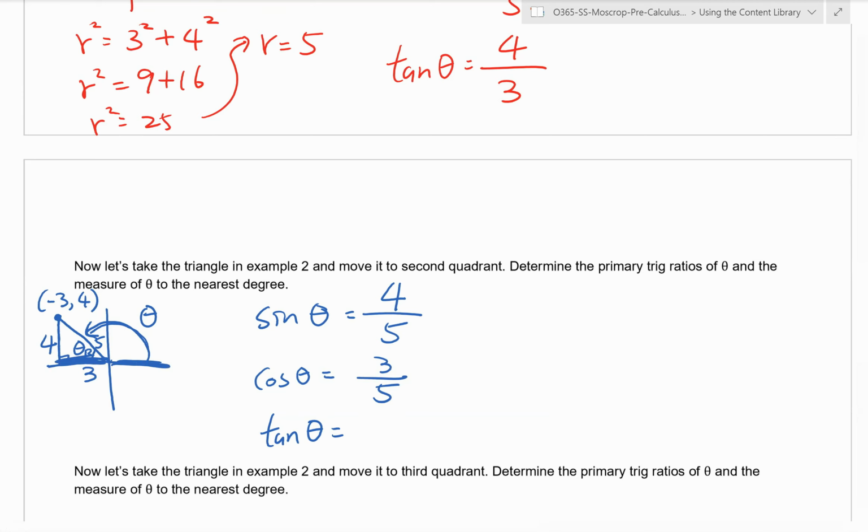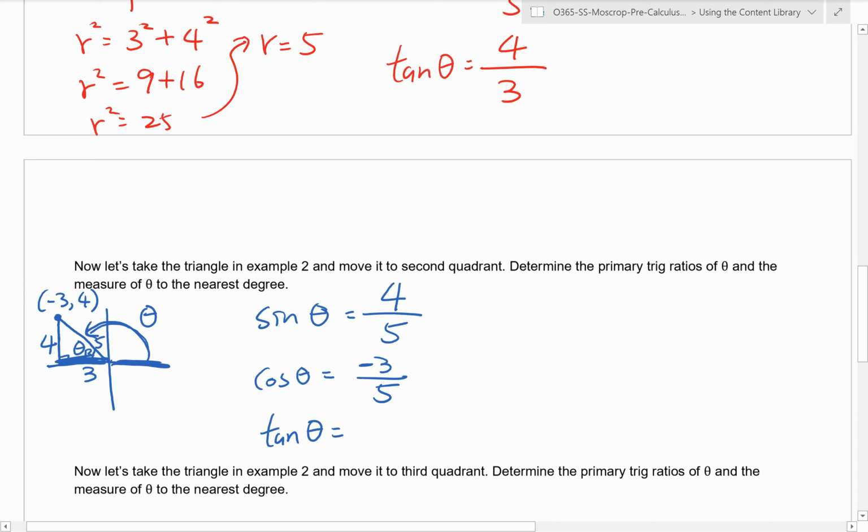So cosine theta is actually, in this case, negative 3 over 5, because the angle theta is now in the second quadrant, and the x value in the second quadrant is negative. So cosine theta is not positive 3 over 5, but negative 3 over 5.